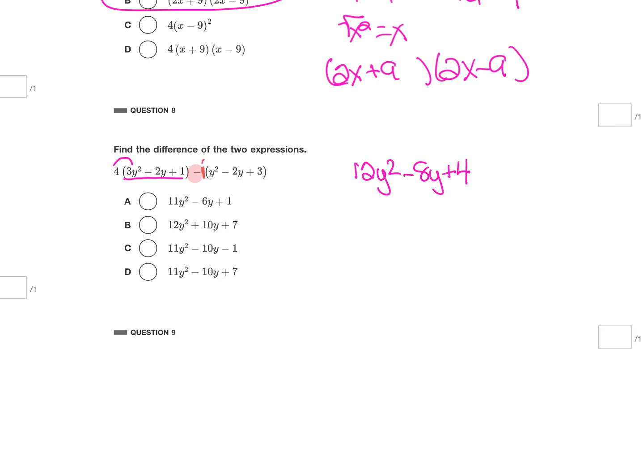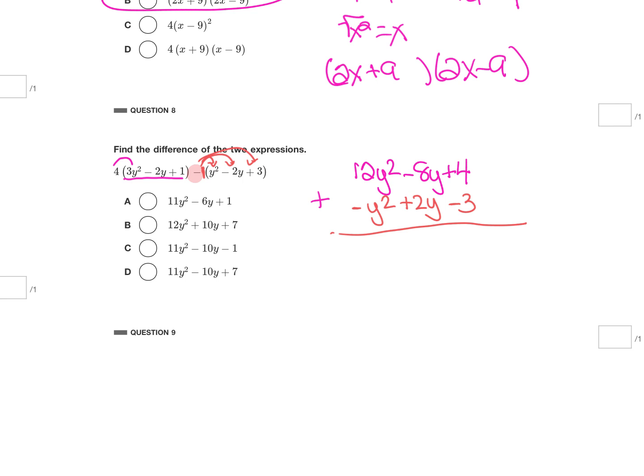I'm going to distribute a negative 1 to everything inside. So now that leaves me with negative y squared plus 2y minus 3. And now that I have done this, I can add those polynomials together.